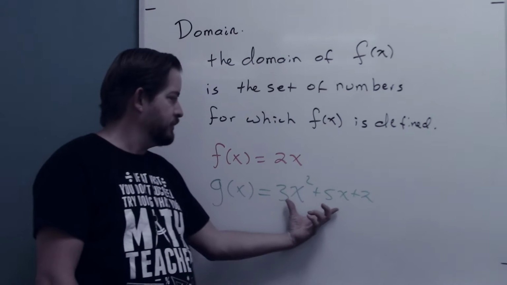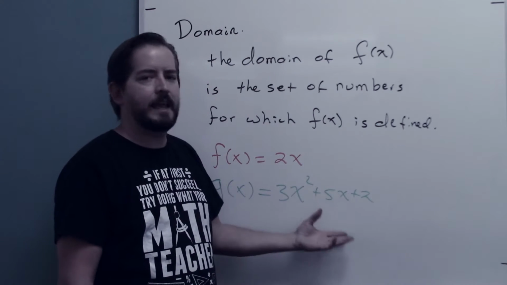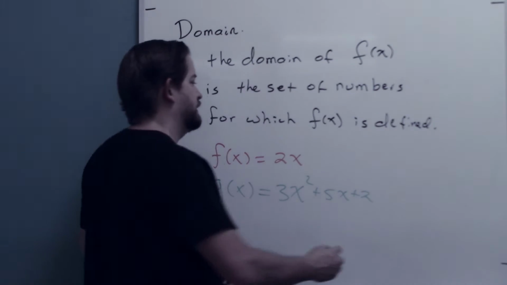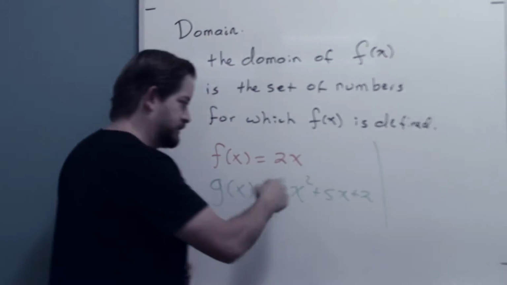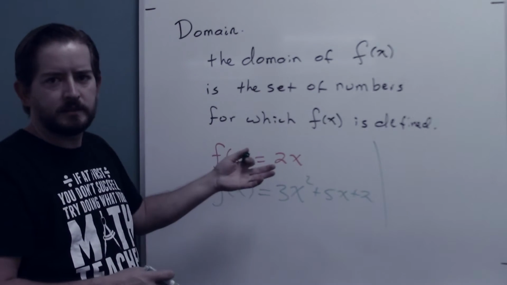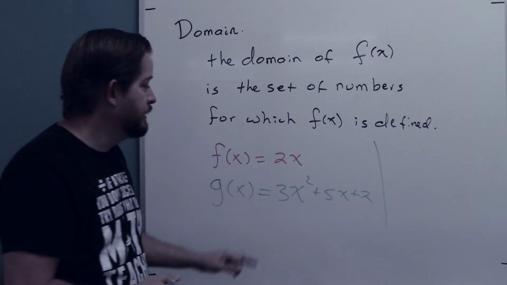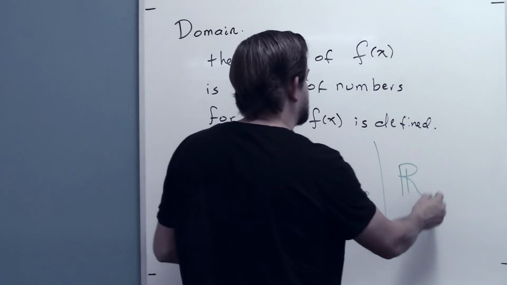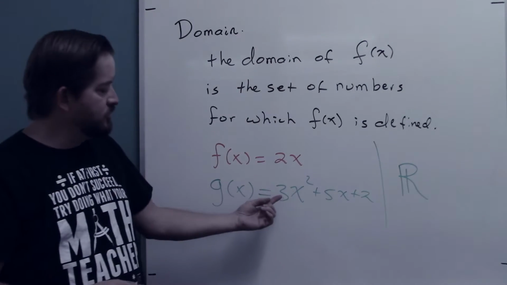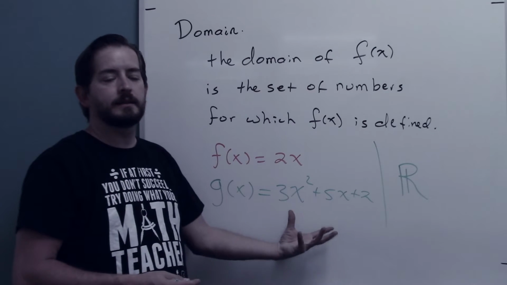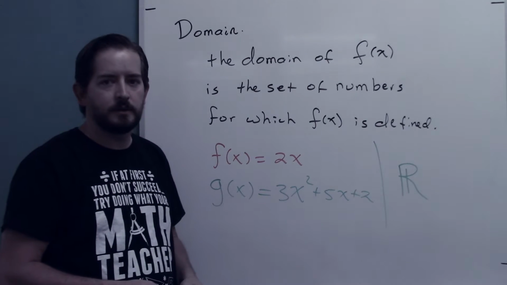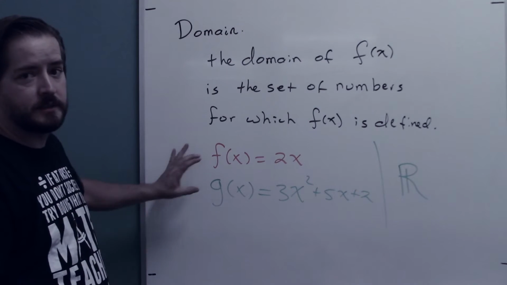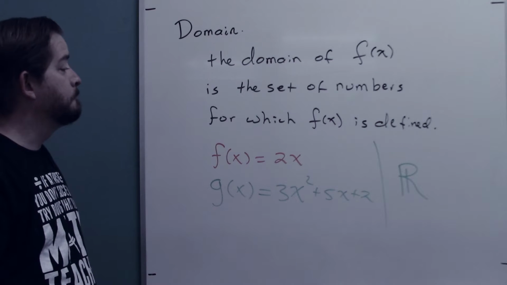There's nothing that I can't put in here. So polynomials, whether x squared, x to the third, x to the fifth, whatever, have domain of all real numbers because there's no number I can't plug in and have it pop out a valid output, right?